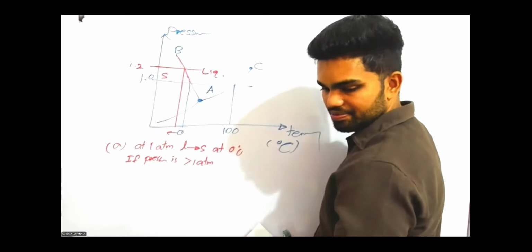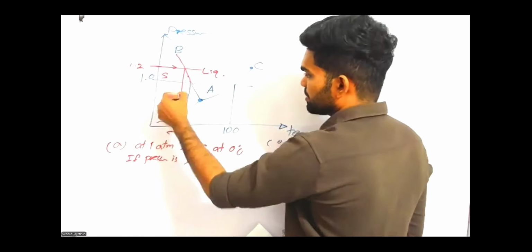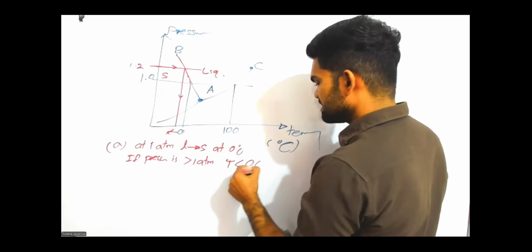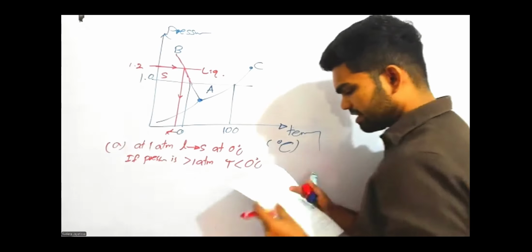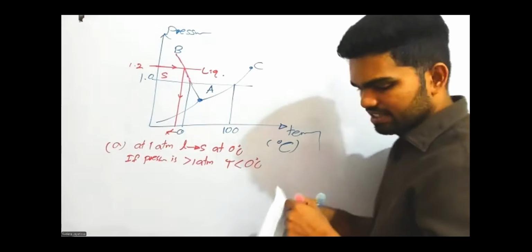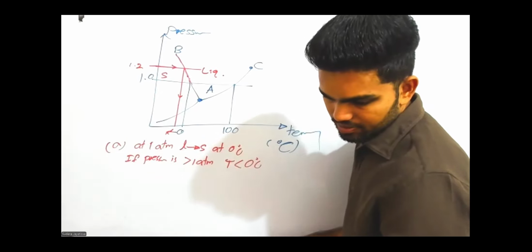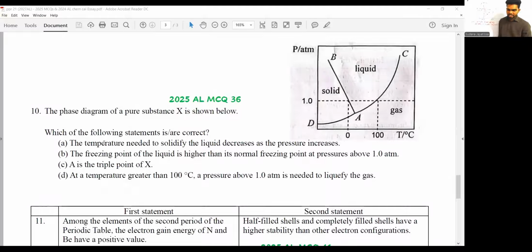According to the diagram, at 1.2 m the temperature is less than 0 Celsius. So this statement is correct. See that statement again: the temperature needed to solidify the liquid decreases as the pressure increases.